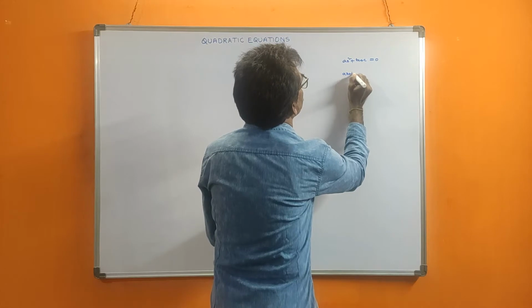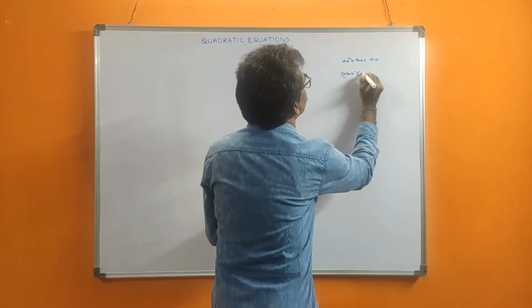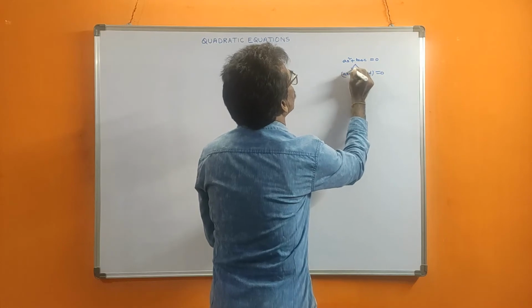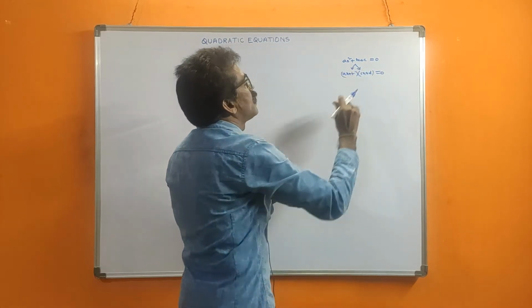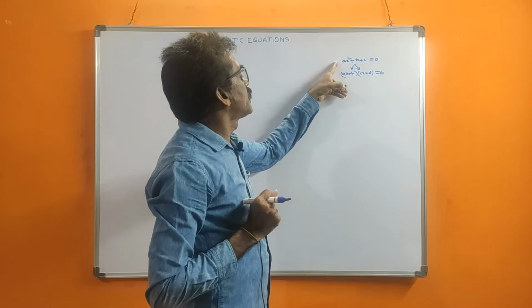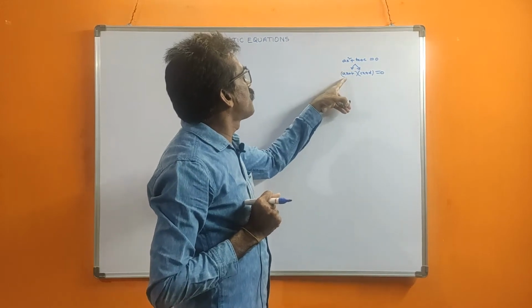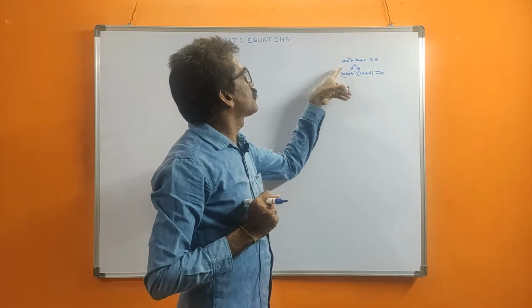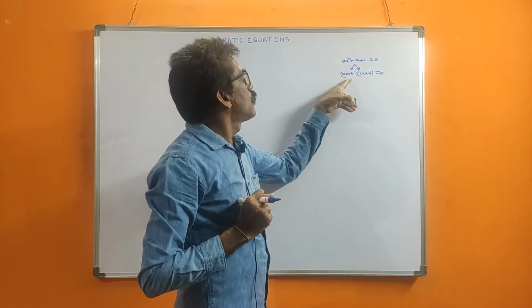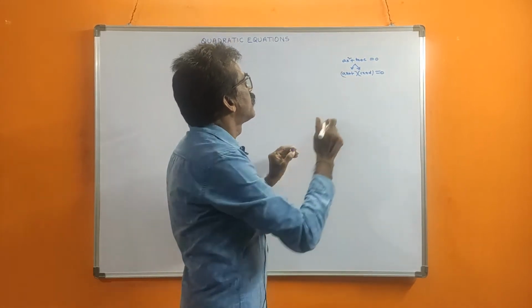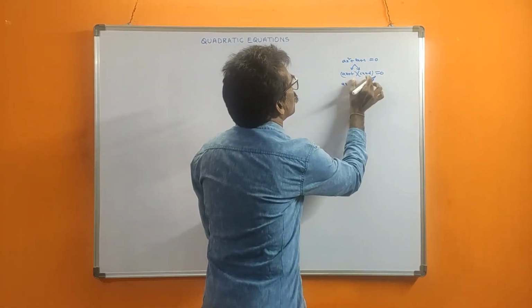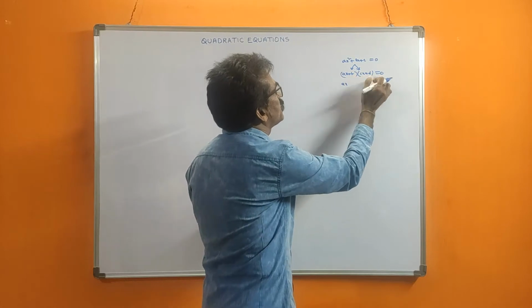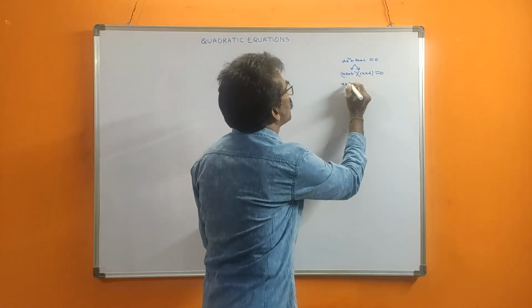Suppose (ax plus b) into (cx plus d) is equal to 0, then these two are the linear factors of this quadratic equation. Once you find the factors, the product of two numbers is 0, which means either this or this becomes 0.